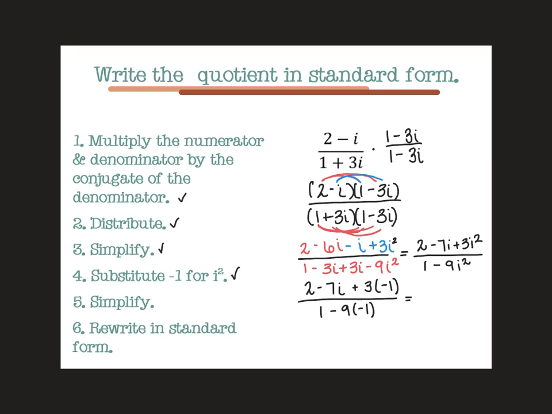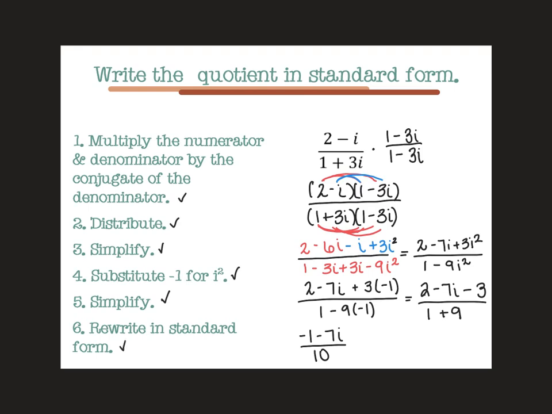If I continue simplifying, I have 2 minus 7i minus 3 and 1 plus 9. In the numerator, I can combine 2 minus 3 to be negative 1 minus 7i, and in the denominator, I can have 1 plus 9, which is 10.